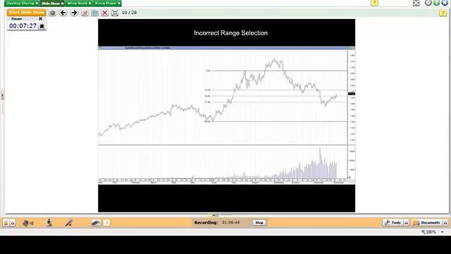You only see symmetry about 20% of the time. More often, you'll see a contraction or expansion, where one portion of the move, the rally or the correction, will be in excess of a prior correction. It won't be symmetrical.